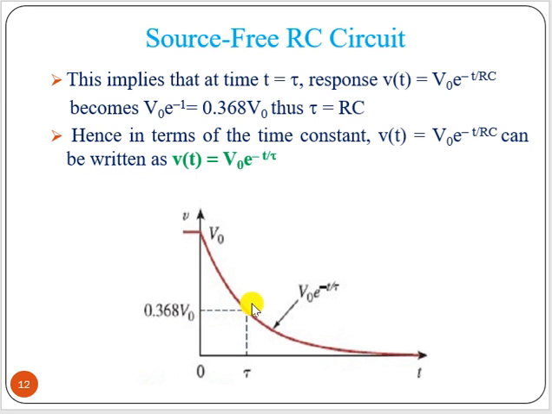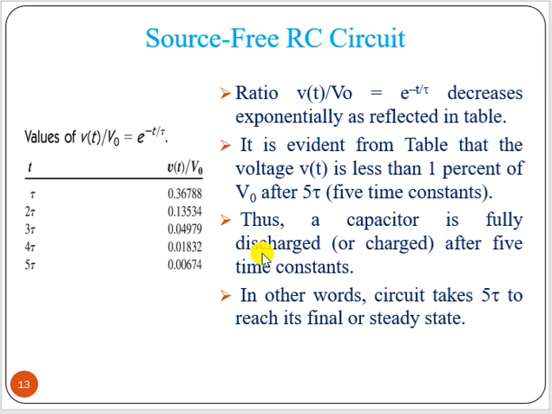Now, at t equal to 2 tau it goes down to 0.135, then 3 tau, 4 tau, 5 tau. When it reaches 5 tau, it reaches its final steady state value, less than 1% of the initial value, almost 0. So the capacitor takes 5 time constants to fully discharge.